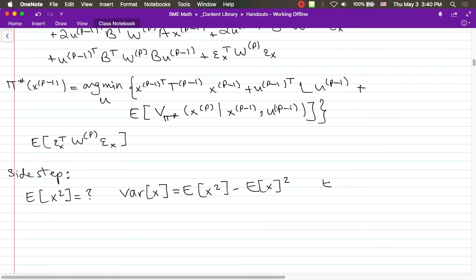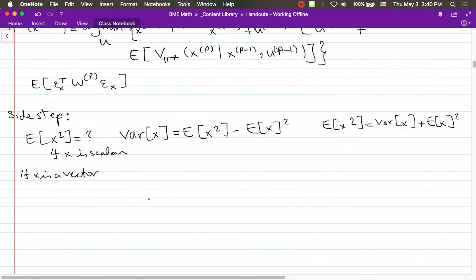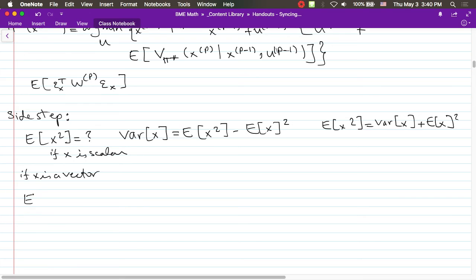And so that tells us that the expected value of x squared is its variance plus its mean squared. This is if x is a scalar. So if x is a vector, then what we care about is the expected value of x transpose x.